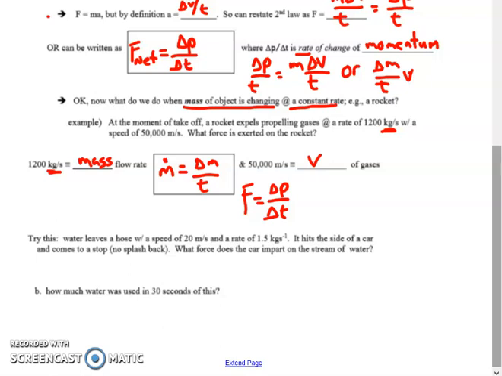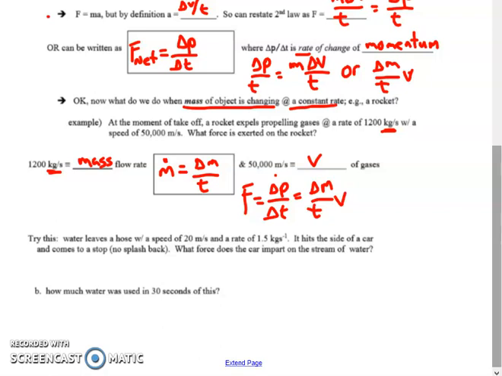So in the very beginning, when we introduced the second law, we were always talking about velocity changing with time. Here we have a problem where mass is changing with time, but we can use the general form of delta P over T to help us figure out force. So going back to our problem, let's break that up into delta m over t times v.